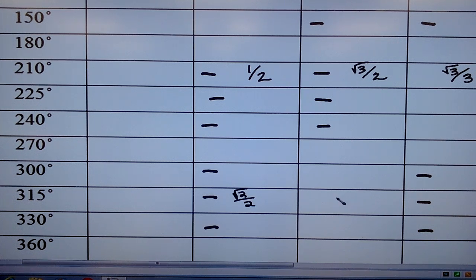Cosine of 45 degrees was also radical 2 over 2. And tangent of 45 degrees was 1. So again, you complete the remaining three trig functions and the remaining two angle measures.